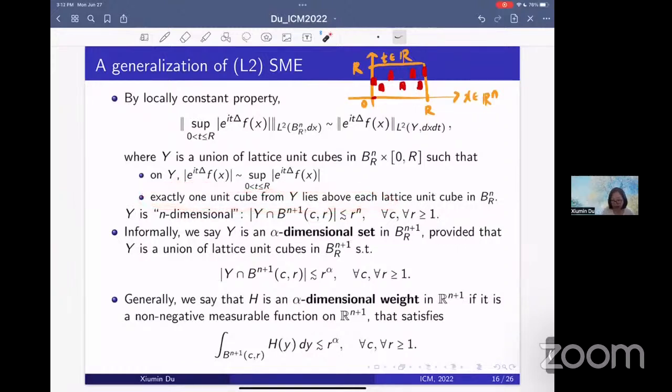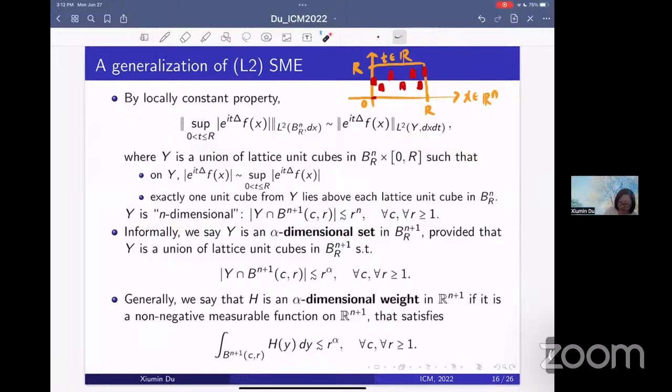By this choice of Y, the L2 norm of the Schrödinger maximal function is equivalent to the L2 norm over Y. And we see that Y is n-dimensional because its intersection with any ball of radius R is bounded by R to the n. So the L2 norm of the Schrödinger maximal function is equivalent to the L2 norm of the Schrödinger solution over an n-dimensional set.